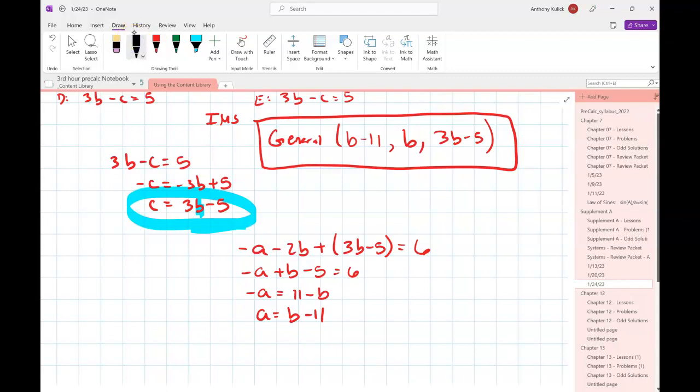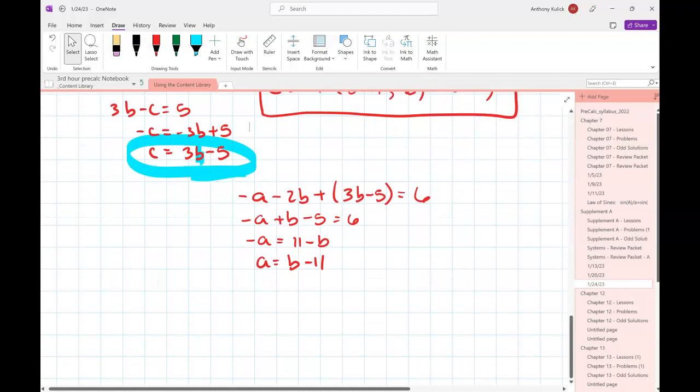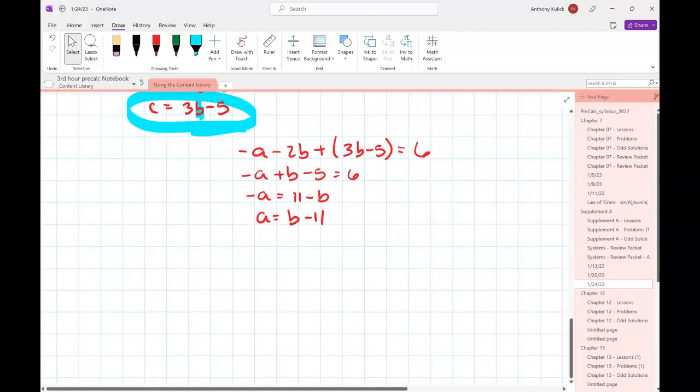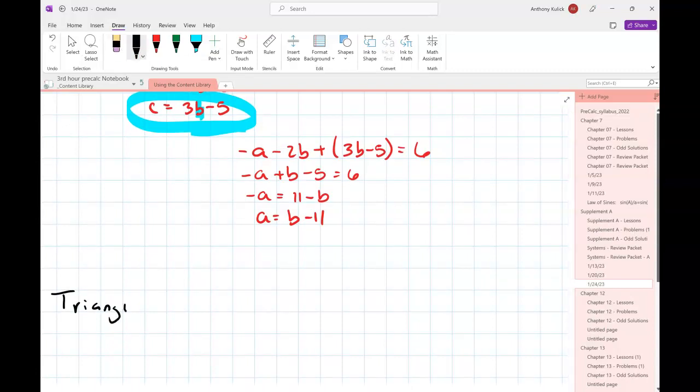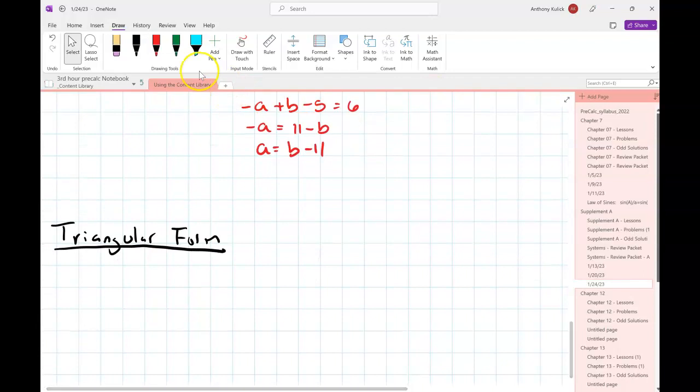Okay. One more solving technique to talk about, and that's the triangular form. So what do I mean by triangular form?